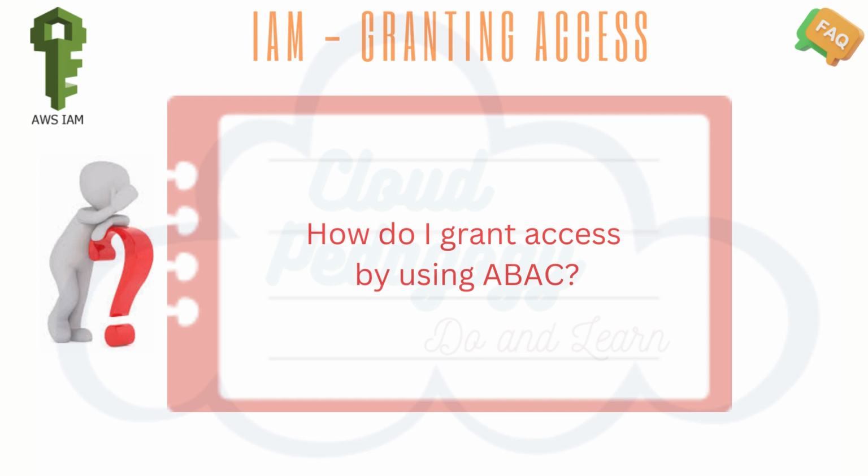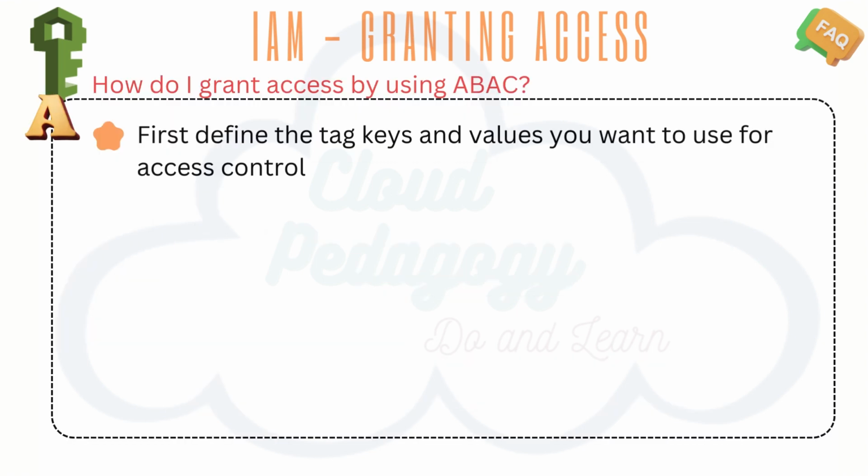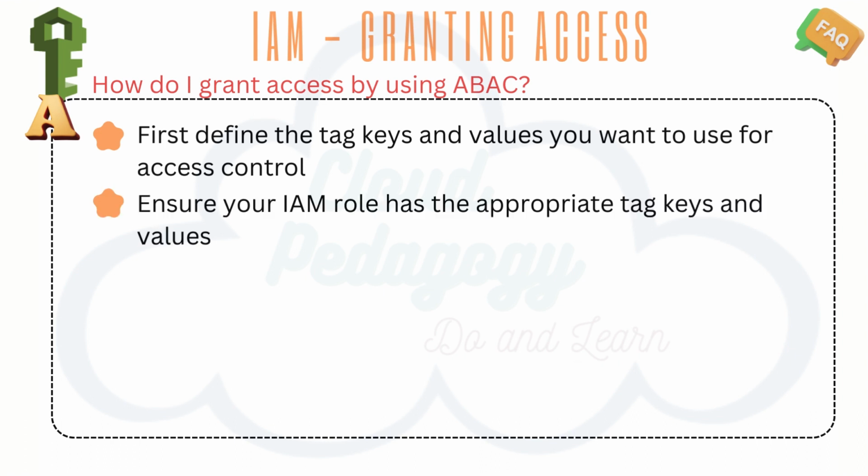Next, how do I grant access by using ABAC? To grant access by using ABAC, first define the tag keys and values you want to use for access control. Then ensure your IAM role has the appropriate tag keys and values. If multiple identities use this role, you can also define session tag keys and values.